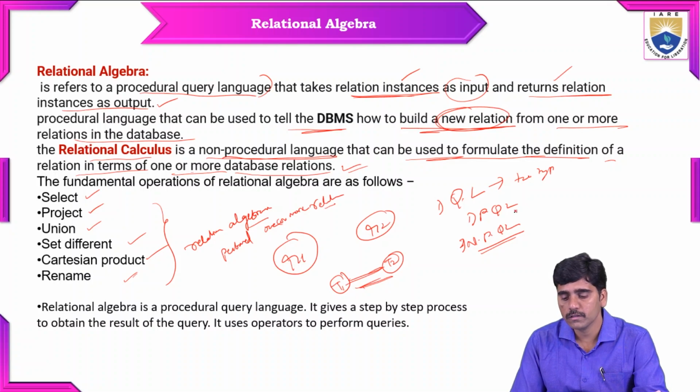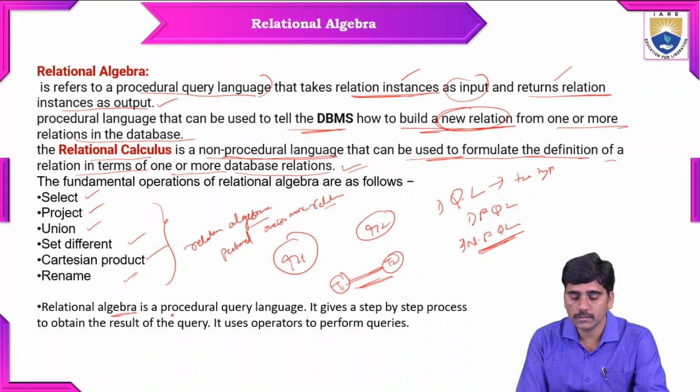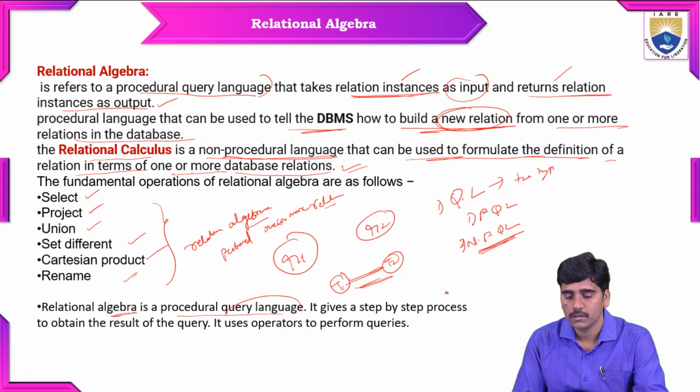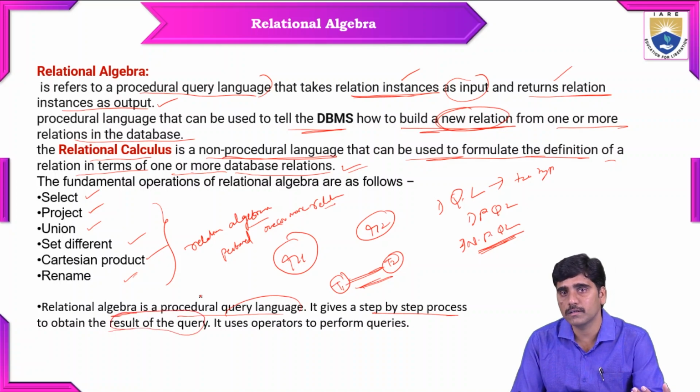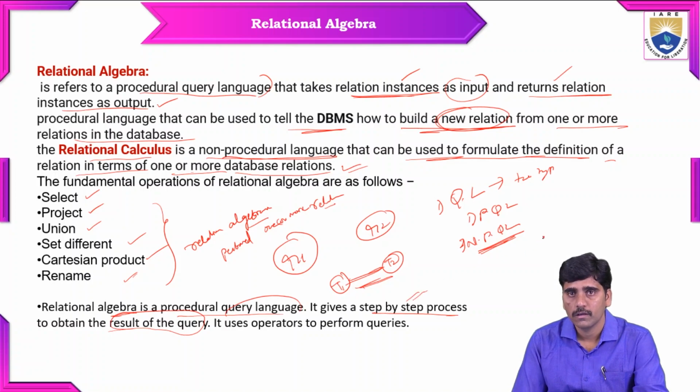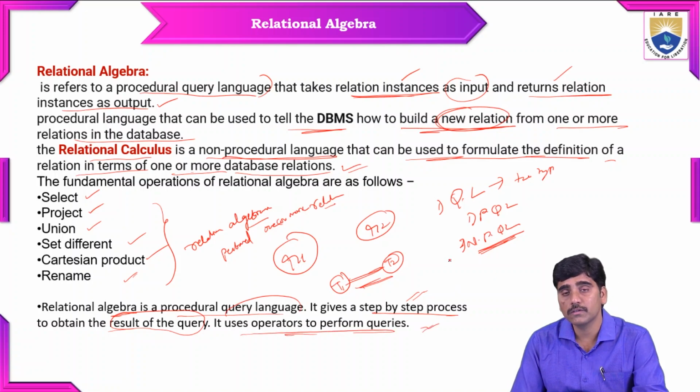The procedural query language will be executed, while a non-procedural query language will not be executed. Here relational algebra is a procedural query language. It gives a step-by-step process to obtain the result of the query. It processes step by step, and it uses operators to perform the queries.